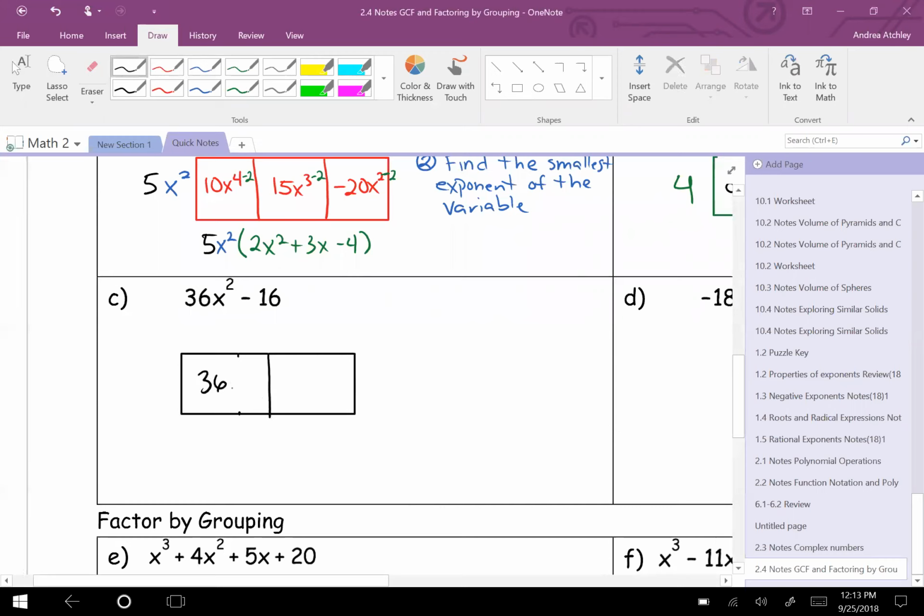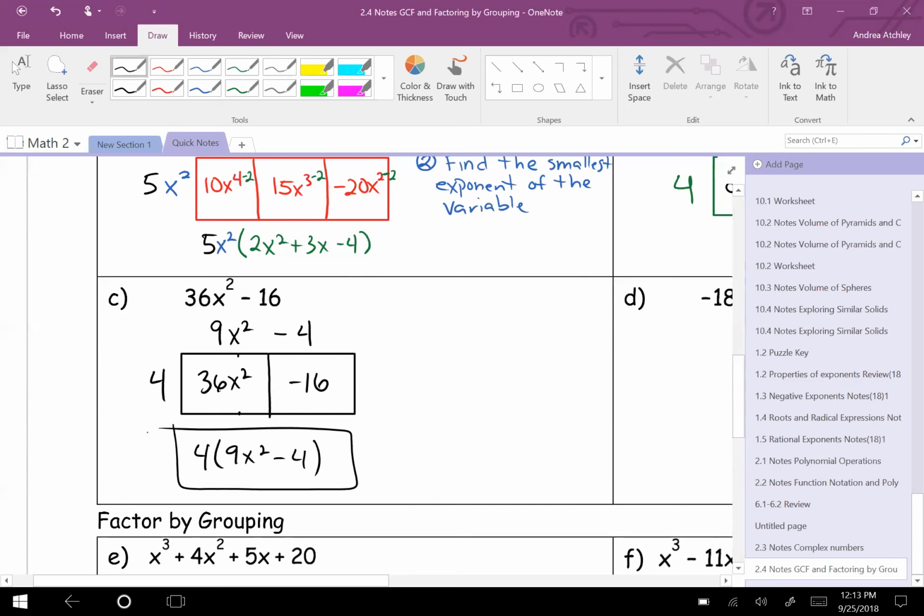It's just 36x squared and negative 16. They can both be divided by 4. 36 divided by 4 is 9x squared, and 16 divided by 4 is negative 4. I couldn't pull out an x because the 16 doesn't have an x. So it's just 4 times 9x squared minus 4. Any questions over that?